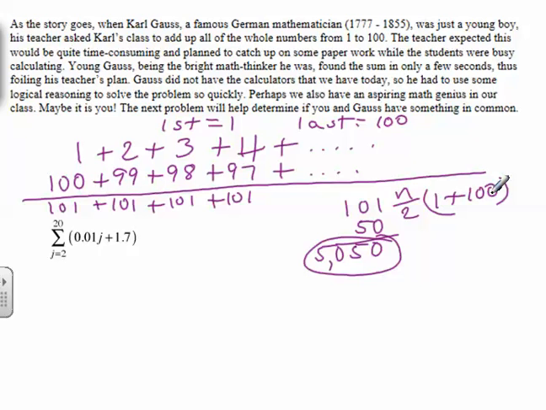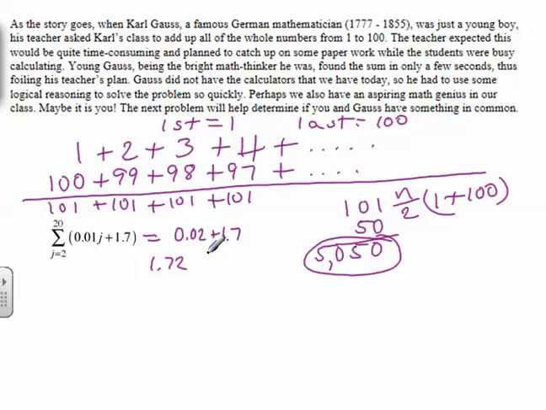So how about we apply that over here? What's the first term in our sequence? Well, the first term here would be 2 times 0.01, and so that would be 0.02, and then plus 1.7, and so the first term would be 1.72.